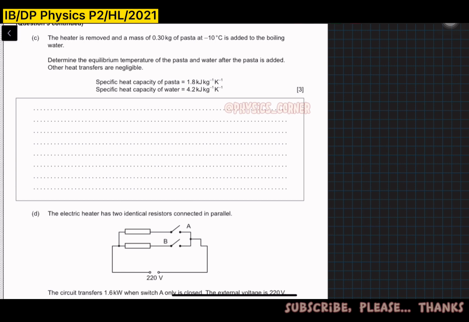Okay, we find, this is like the Black principle. Energy change of the water is the same as energy change of the pasta. We use m c delta T: Q water equals Q pasta.